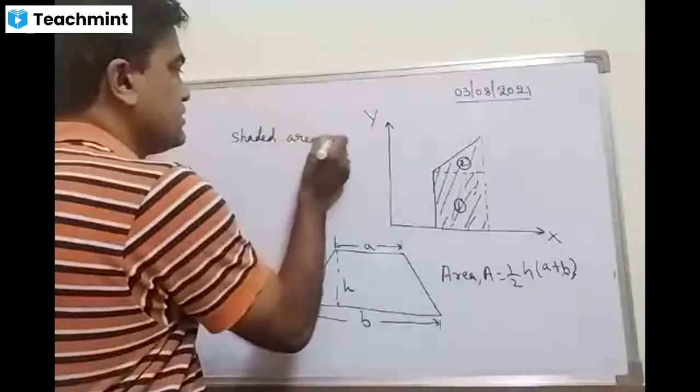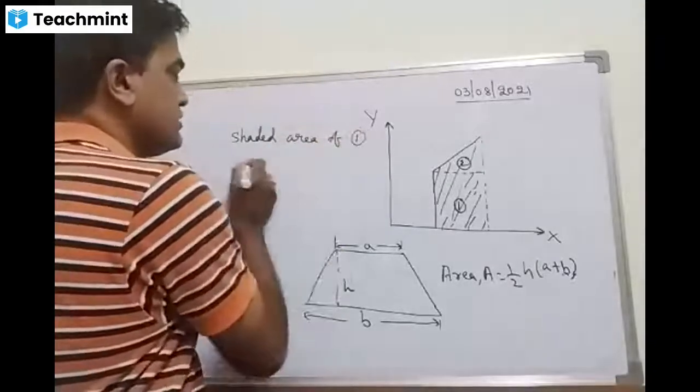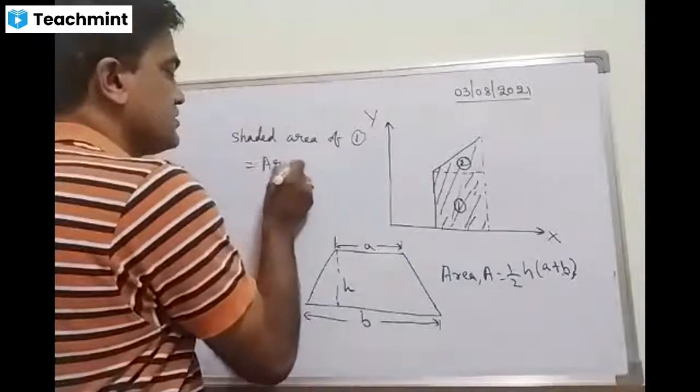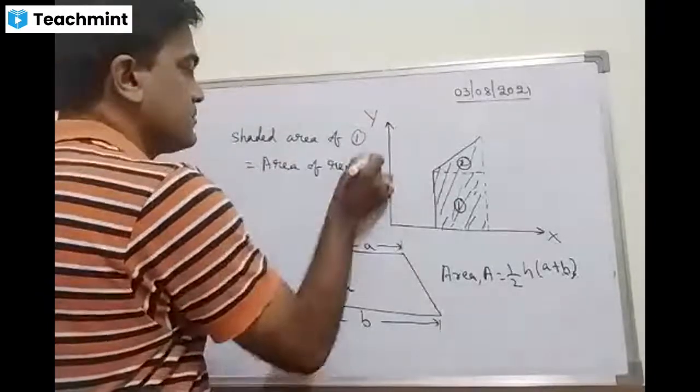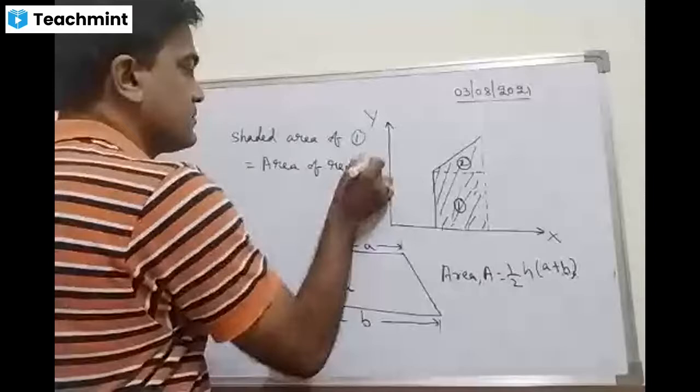Shaded area of part 1 is nothing but a rectangle, which is length into breadth.